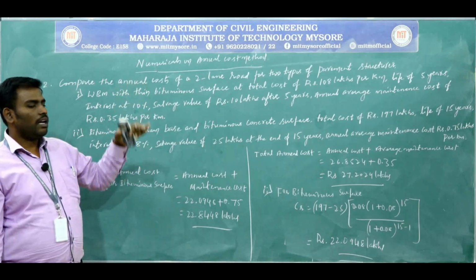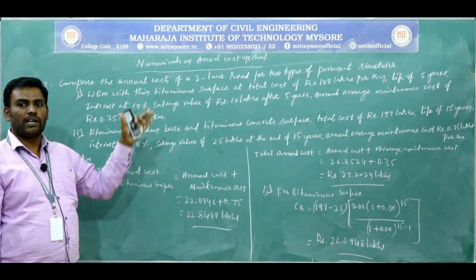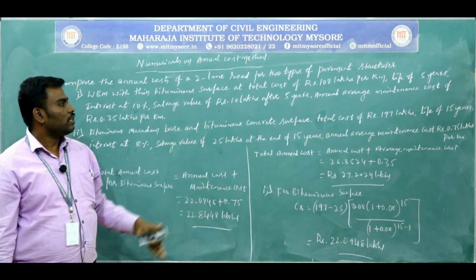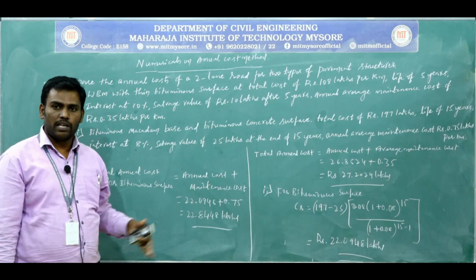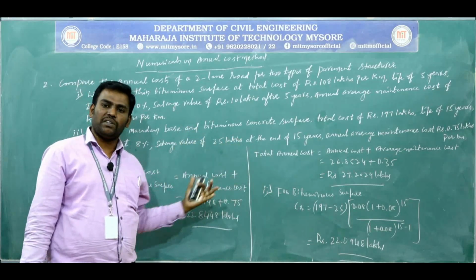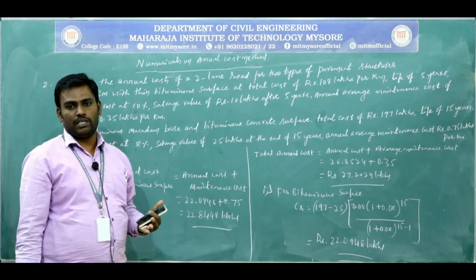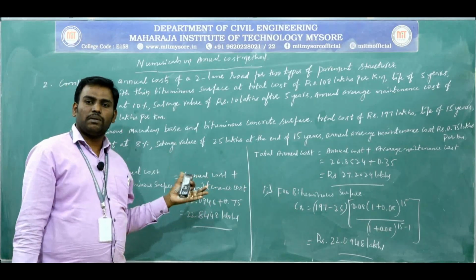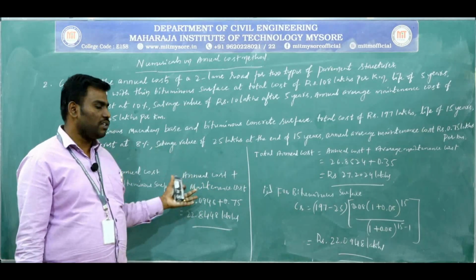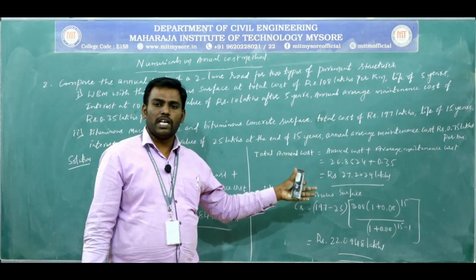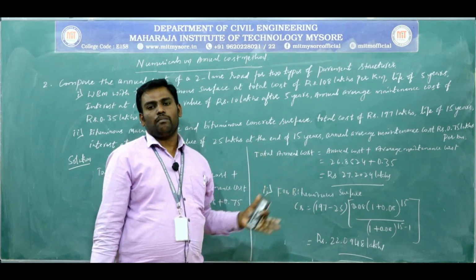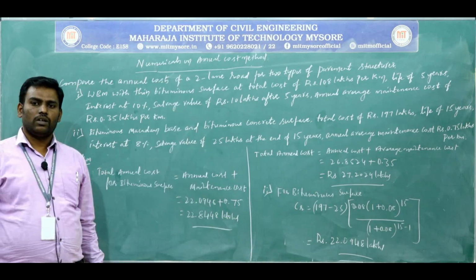That is the actual thing in this problem. You have to compare the two different pavement structures. One is WBM with thin bituminous surface, and one is the BM base with bituminous concrete surface. The BM base with bituminous concrete surface is more beneficial than your WBM base with thin bituminous surface.